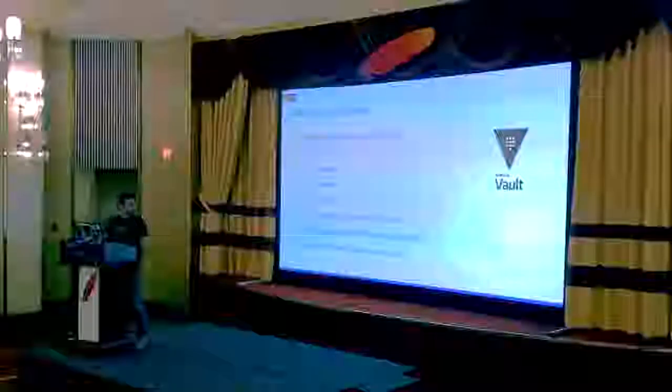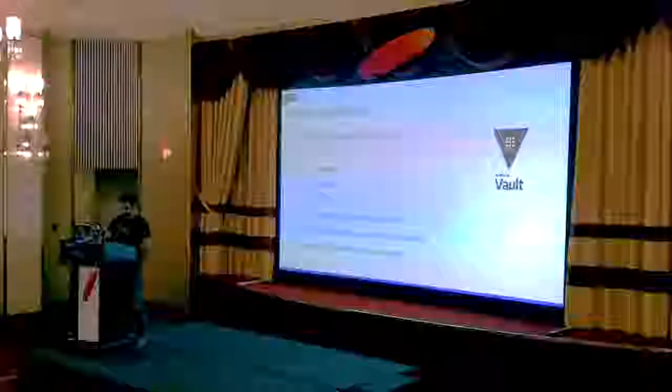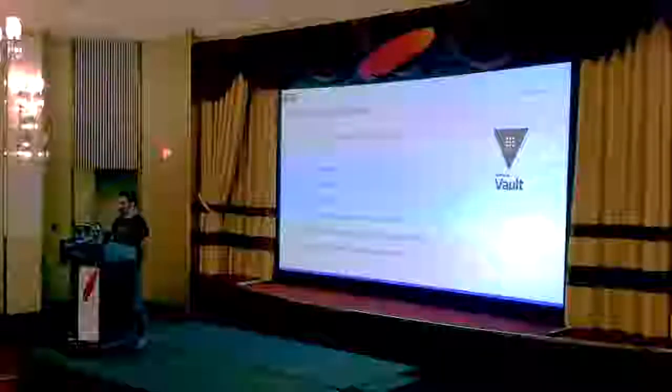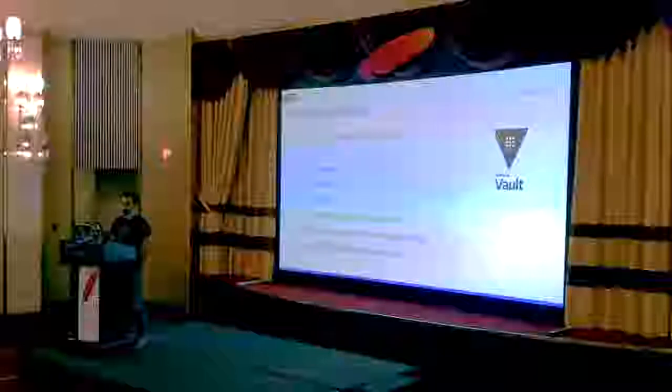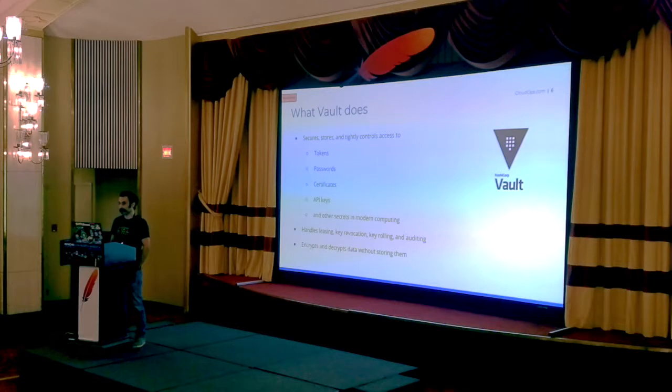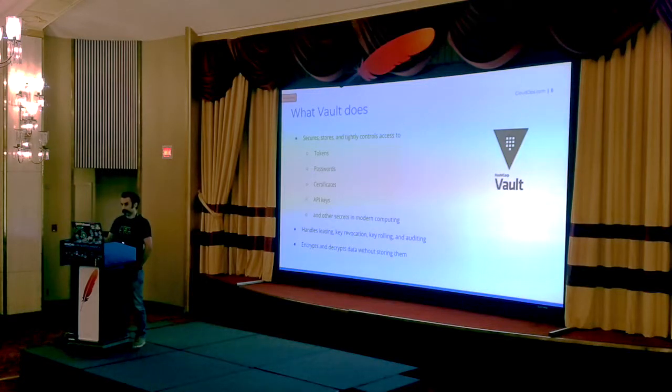So about the Vault itself. What Vault does, essentially, it stores and secures and tightly controls access to different types of things that are supposed to be secure or sensitive, or have a sensitive nature, such as tokens, passwords, certificates, API keys, credentials to the database, anything that is considered to be sensitive to your business or your infrastructure.